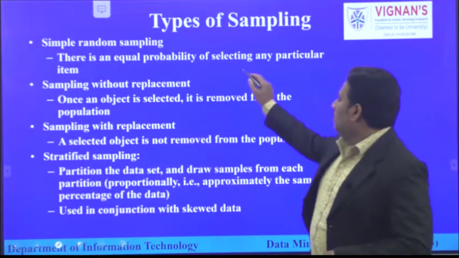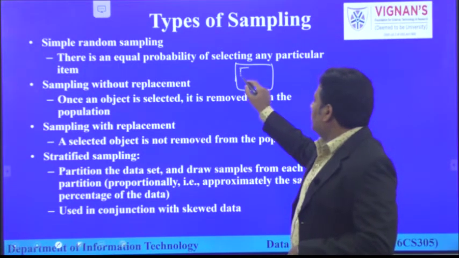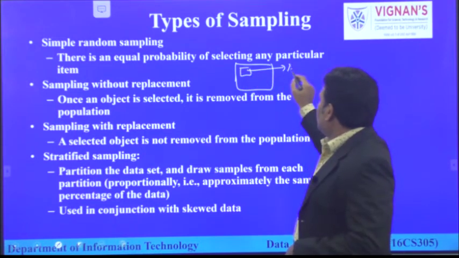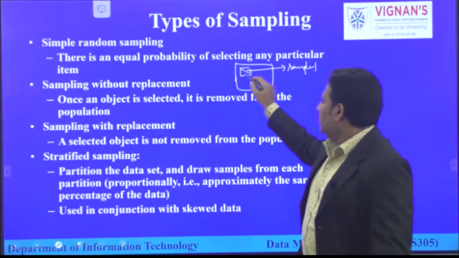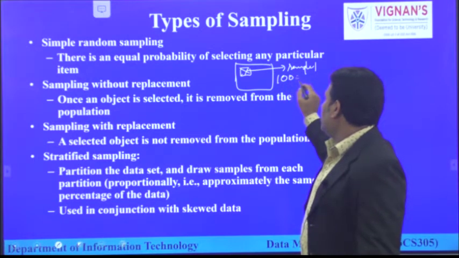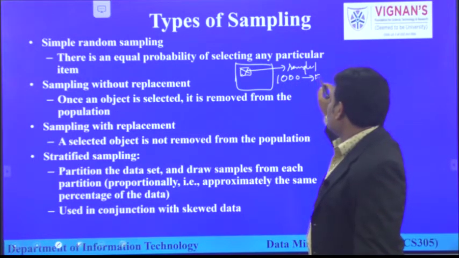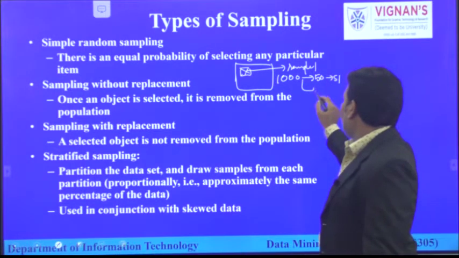That means once we selected a sample, let us say this is sample 1, when we go for the next iteration, we do not add these values back. So initially if you have 1000 values, from this in the first sample, that is S1, we selected 50 samples.